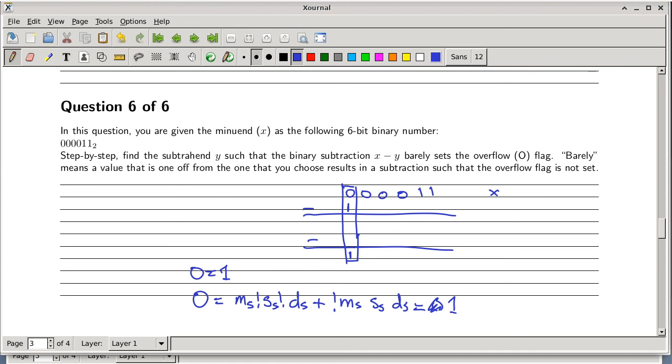So now your job is to say, okay, if that is the case, how do we fill in the other bits so that it barely sets off the overflow flag? That becomes the next question. Go ahead, work backwards. Very good.